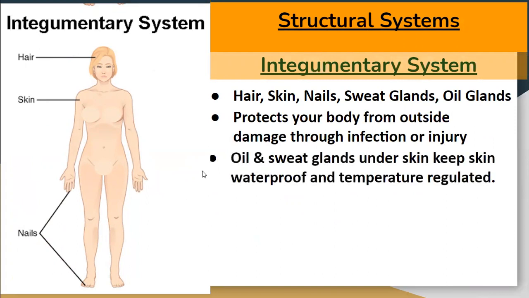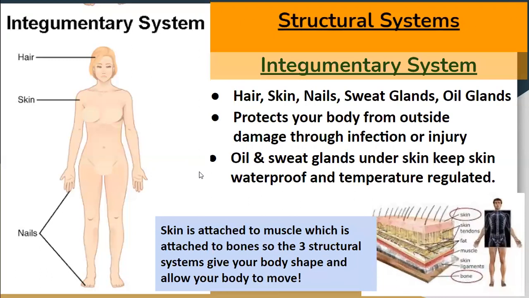The oil and sweat glands under your skin keep your skin waterproof and temperature regulated. Skin is attached to muscle, which then is attached to the bone, so the three structural systems give your body shape and allow your body to move. So here's a layer picture here. The skin is on the top, then the tendons, then the fat, then the muscle, then the ligaments, and then that's the bone at the bottom there. All of that is attached to your bone.